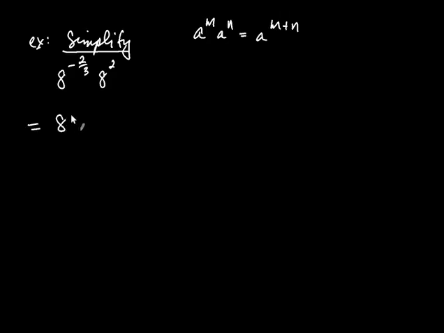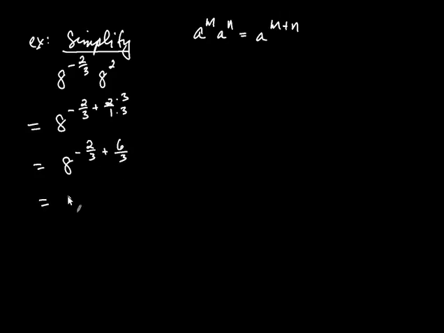So it's going to be 8 to the negative 2/3 plus, and of course this is 2, right? Let's write it as 2 over 1. So I have to add these two fractions together. So I do that by getting a common denominator. Times 3 times 3. So I've got 8 to the negative 2/3 plus, and this becomes 6/3.